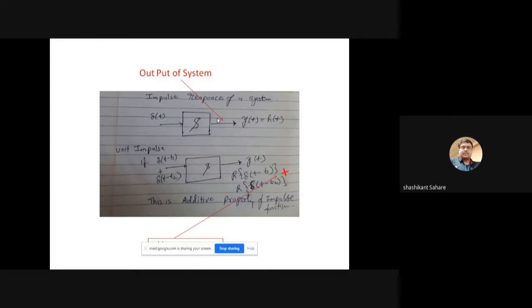If I want to know what is hidden inside this system, I have to give an impulse. We have seen that an impulse has an infinite amount of amplitude. So whenever I give this delta of t to the system, the system will give me the output h of t. So the output h of t is nothing but the system characteristic.